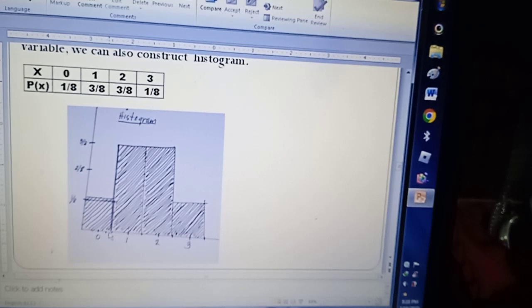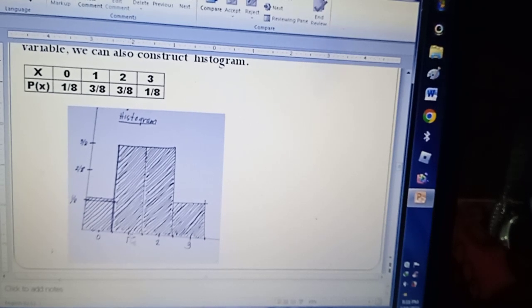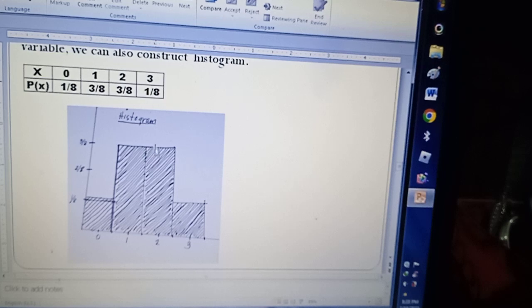And between 1 and 2 you write also a line, and since 1 head comes out in the outcome, the probability is 3/8, so you draw a line going to 3/8, extend here also to 3/8, connect and shade.